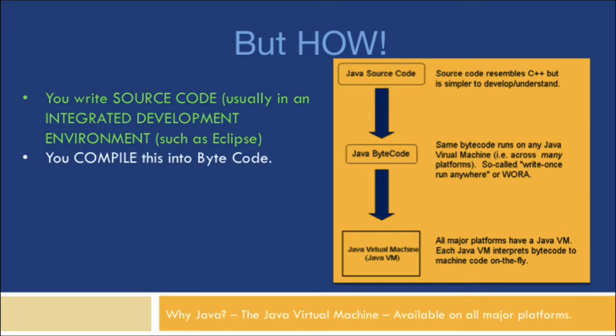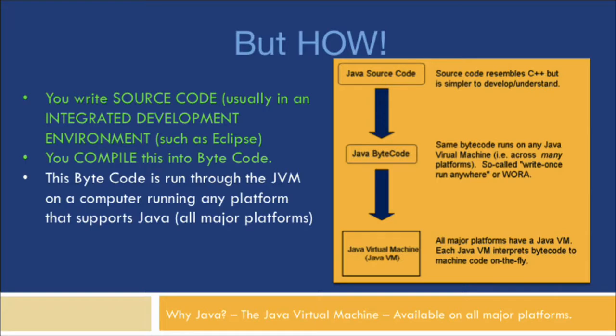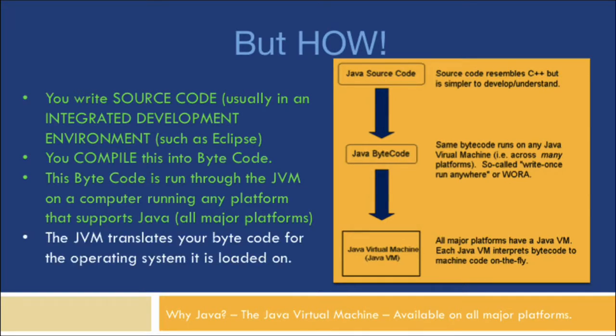You'll then compile this into something that's not text anymore, but it's a machine language file that the computer can understand. That file gets run through the Java virtual machine on any computer that's running Java, which is all the major platforms. And the Java virtual machine will translate that bytecode you created for whatever particular operating system it's loaded on.